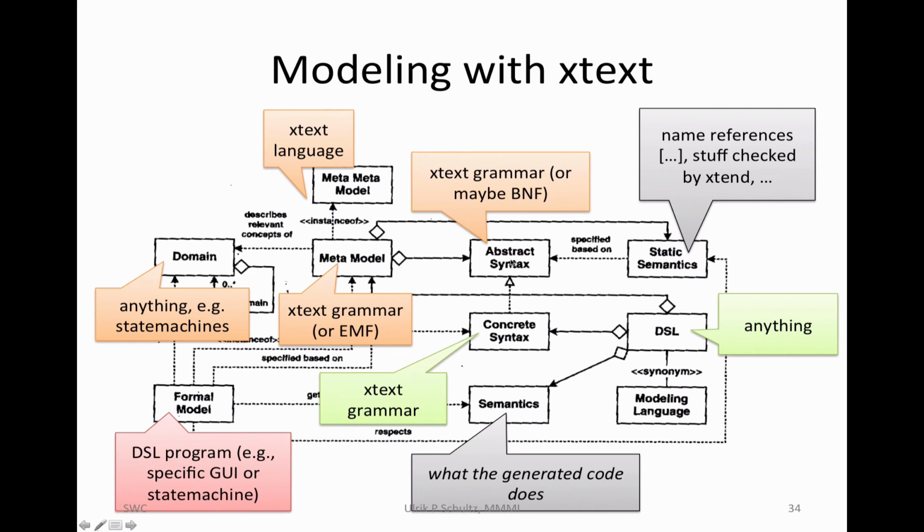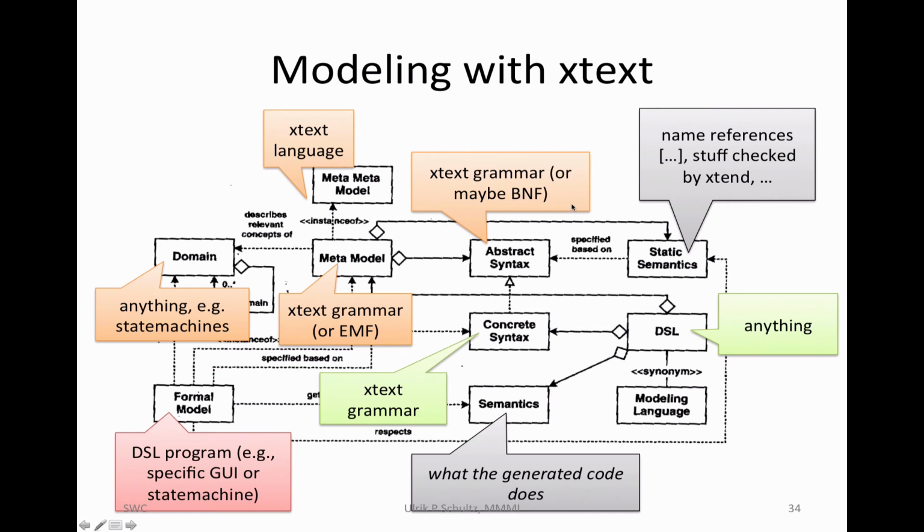Here is an Xtext grammar, or maybe BNF, but here, when we talk about the abstract syntax, it's like any kind of syntax we might want to use. So we could write that using Xtext, but there could be many different abstract syntaxes.